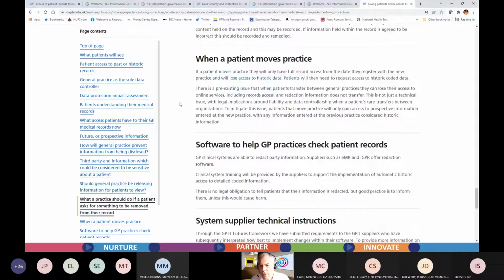Interesting bit when patients move practices, that they will lose the data that they're seeing. So when you're registered at a practice from April, you will start to see the data that's entered at that practice on your record. If you move practice, that data becomes historical data, and you get to a new practice and it will start again with just the data from that practice.